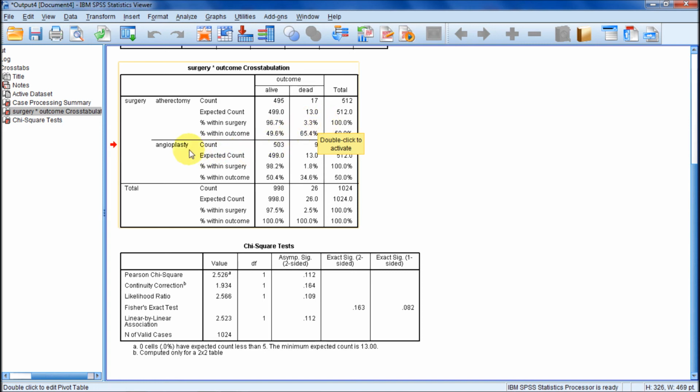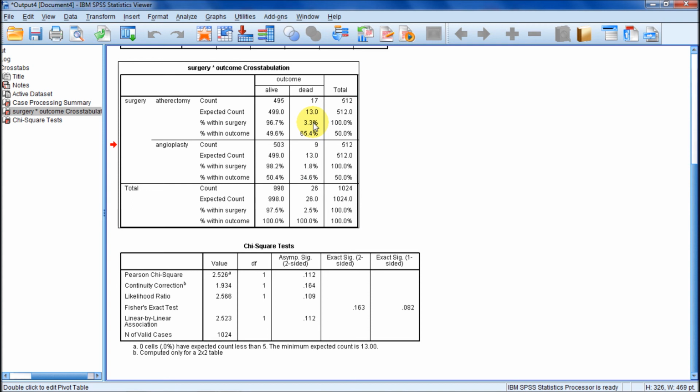Yeah, it looks like it. Okay, is it any more safe or unsafe than angioplasty? Well, only 1.8% of those with angioplasty died. And so we see almost a double the rate increase in terms of frequency of those who died, but 98.2% are still alive.